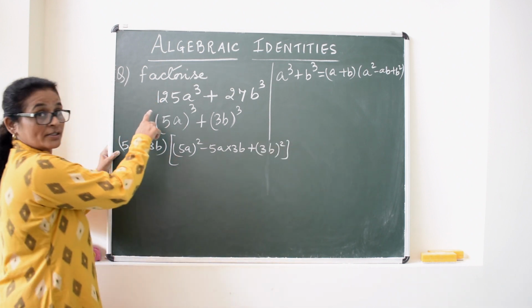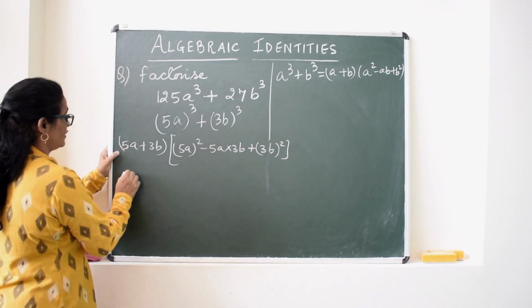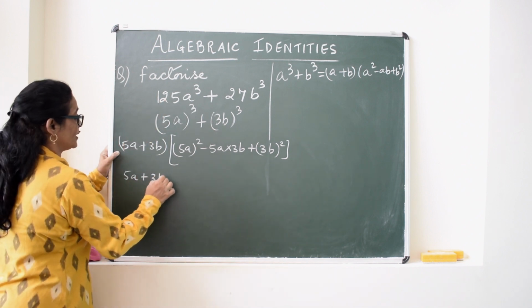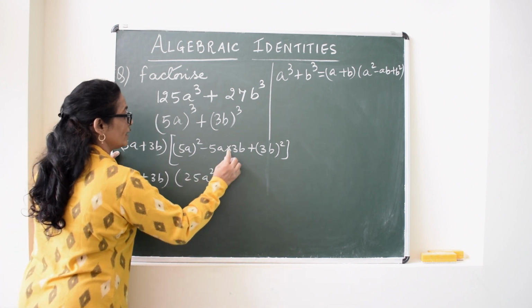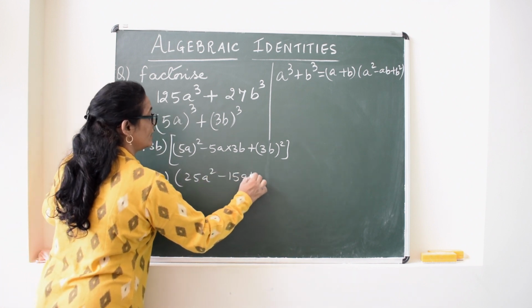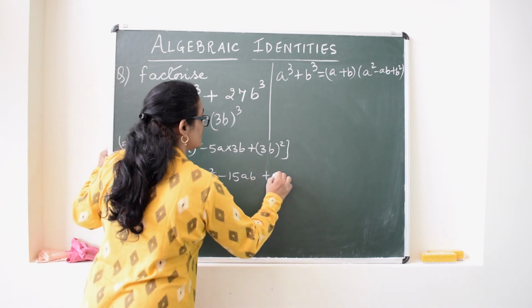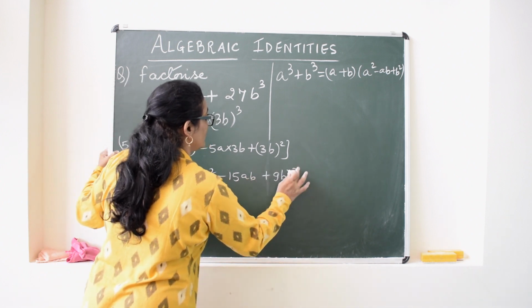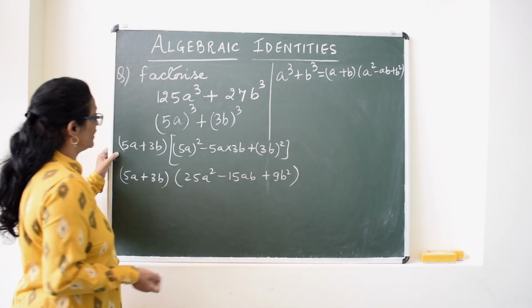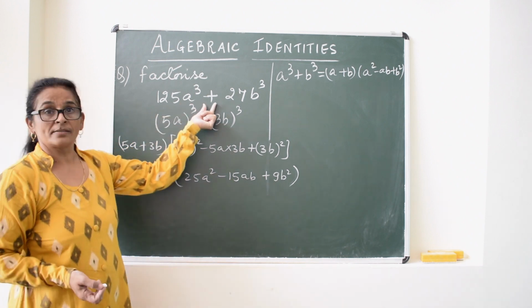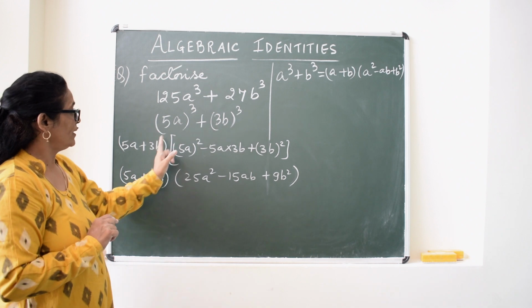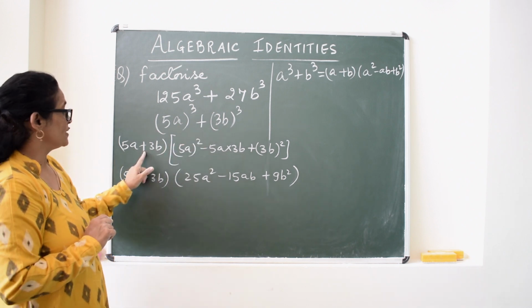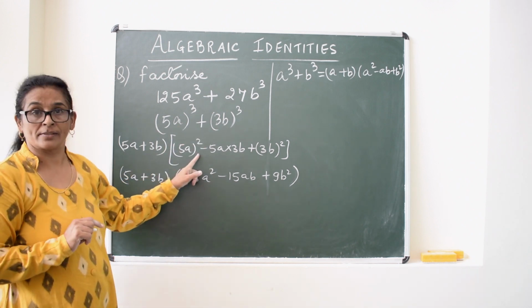So the two factors of the given expression are 5a plus 3b into 25a square minus 15ab plus 9b square. In place of this plus, if it is minus, then the sign will change. Only this will be minus, this will be minus and this will be plus.